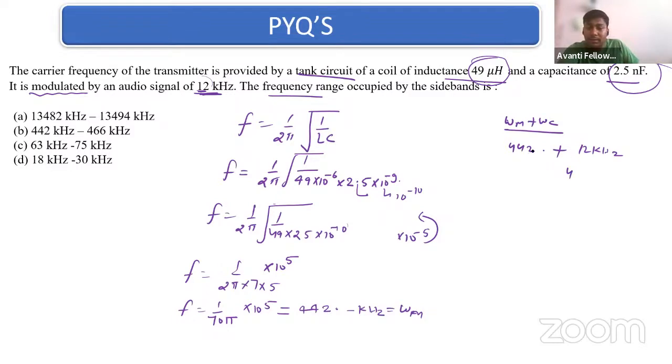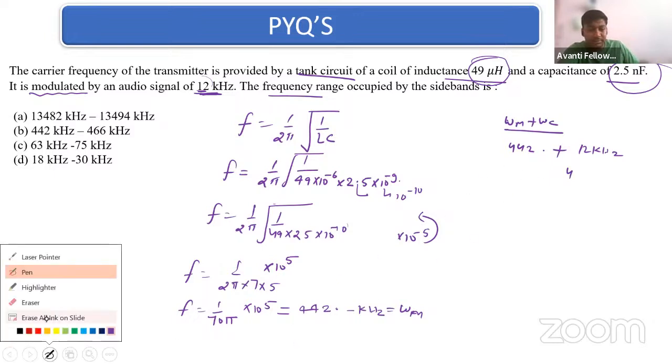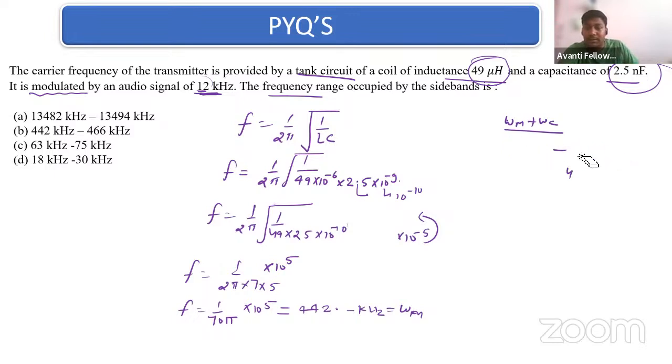One minute, I need to check this first. Wait. Okay, solve this one. Here I will get 1 over 70 multiplied by 22 multiplied by 7, and this is 10 to the power 5. Okay, now see here, 7.